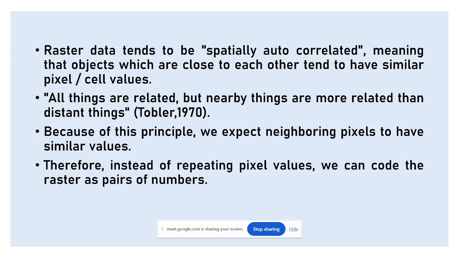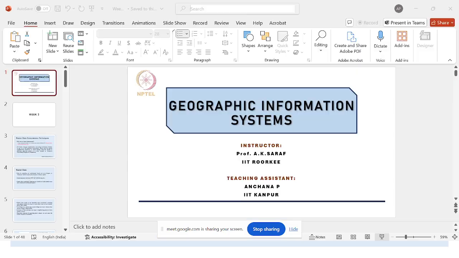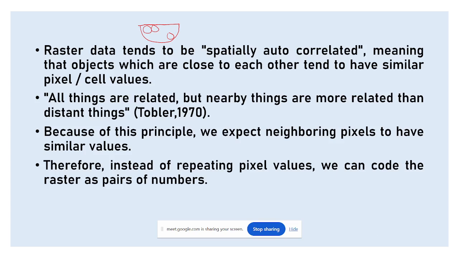You will understand what I'm trying to say here when we discuss the different techniques of compression. But essentially, let's say you have a basket in which you have oranges. So you have a fruit basket, you have oranges here and there, then you have bananas over here, then you might have some grapes.